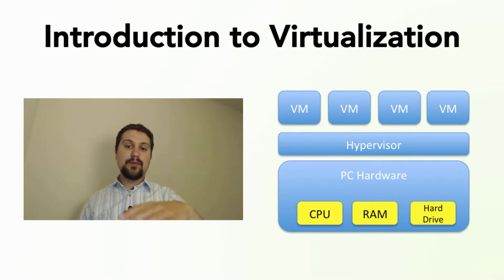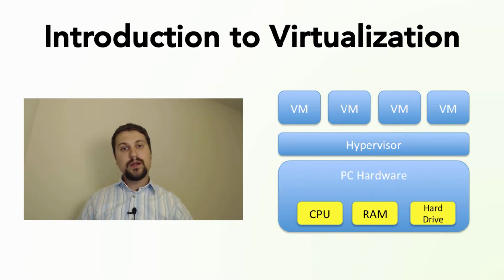On top of that hypervisor sit the VMs, and the hypervisor doles out the resources to those VMs. So in VM1, maybe you want to have a single core CPU. It will take a single core from the PC hardware and dedicate that to that VM. And maybe you want to give that VM a gig of RAM and a 20 gig hard drive.